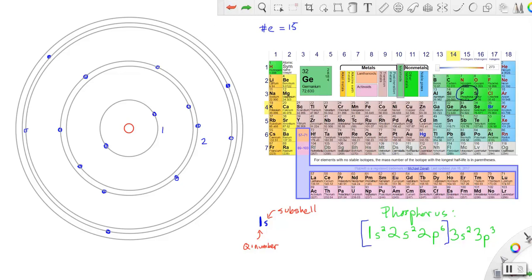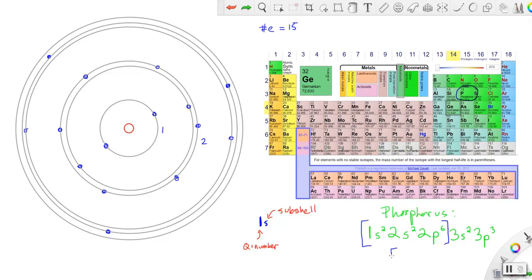And then 2s1, and then 1s2, 2s2, and then when I get to boron, now I have 1s2, 2s2, and then 2p1 because I've gone 1 into the p shell here, and then 2p2, 2p3, 2p4, 2p5, 2p6. So this notation for our neon atom would be 1s2, 2s2, 2p6.